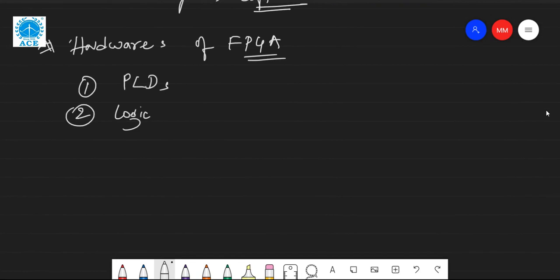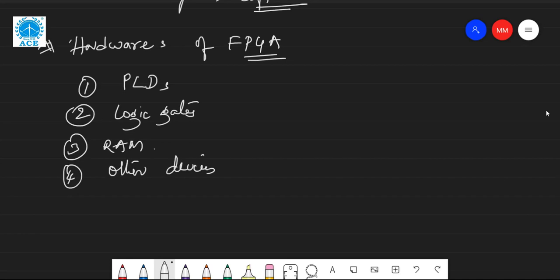Why logic gates? Because we are doing logical operations. So logic gates we will use, and RAM here. An SRAM based architecture will be available in this case, and other devices, I can say remaining other devices. Three stage buffers will be there, etc. So these are the hardware in an FPGA.